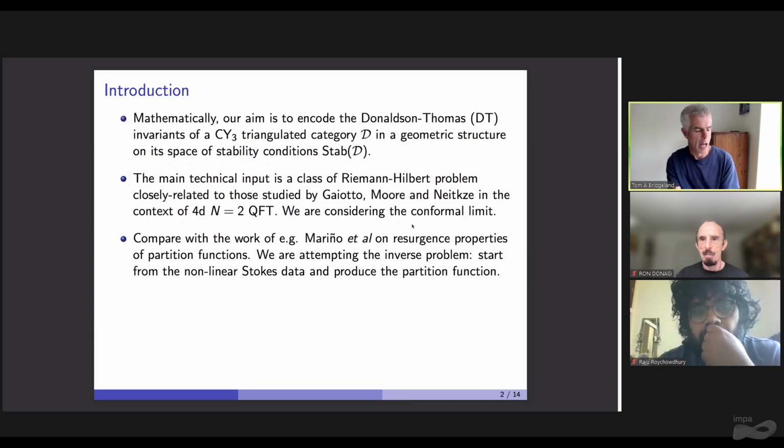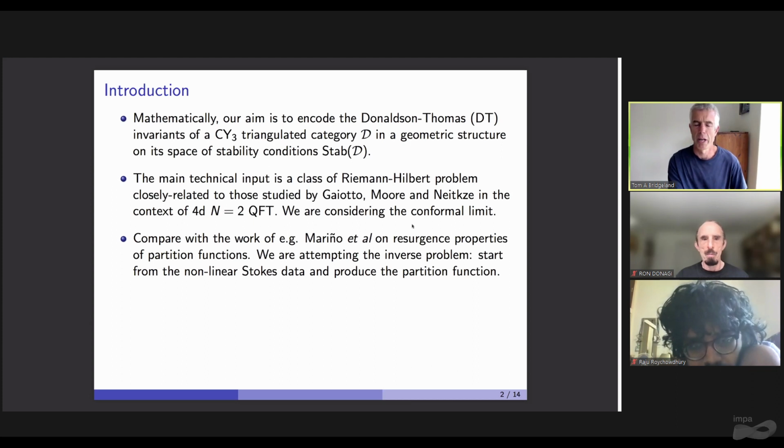So they're starting with the partition function, or rather the free energy, Borel summing, comparing different Borel sums and extracting BPS data. What we're trying to do is the opposite direction. You start with the BPS data, and as we'll see in some examples, you can get at the partition function. But of course, this is somehow the wrong way around. What we're doing is a kind of inverse problem.